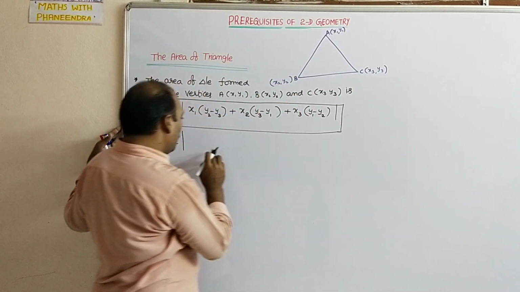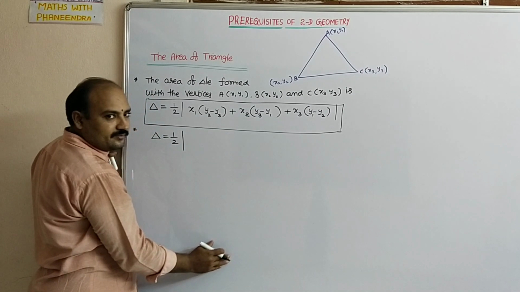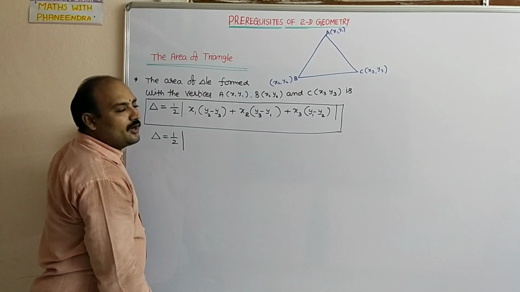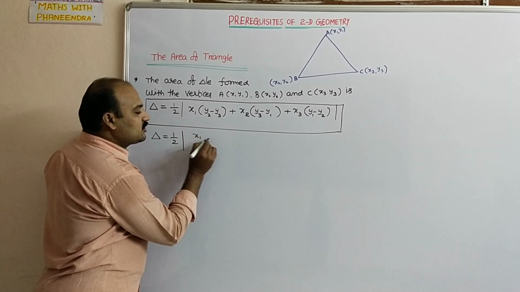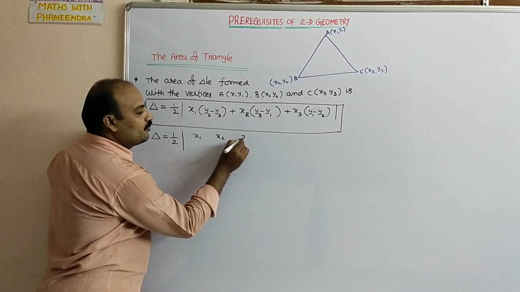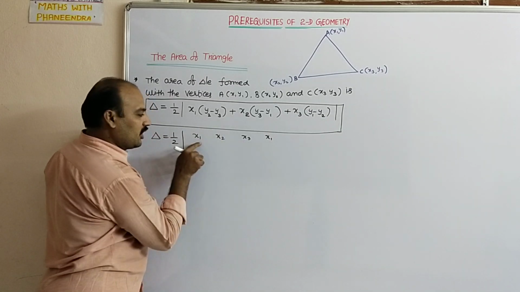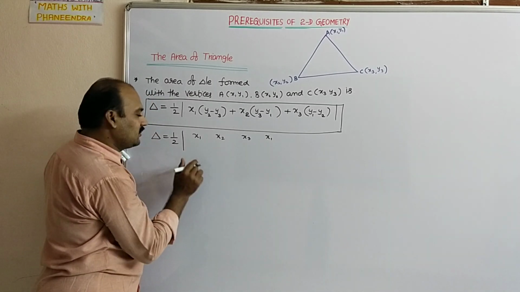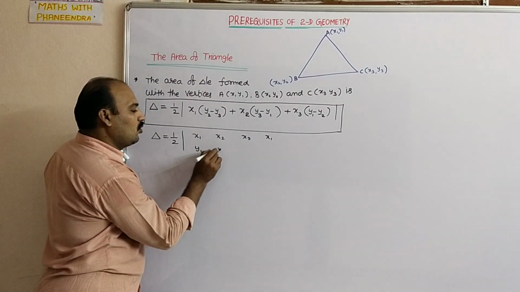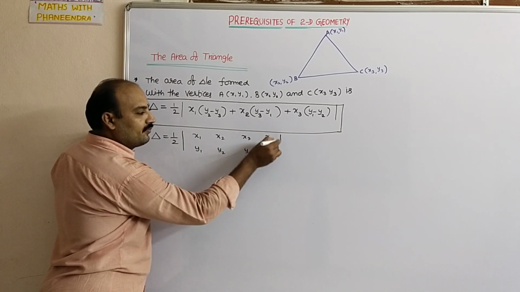Here like 2 rows I am going to write. How many points are there? 3 points. So in the x coordinates you write x1, x2, x3, and again one more time x1, starting one. Next, second row all y: y1, y2, y3, again y1.